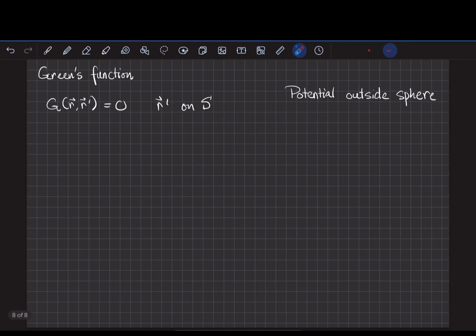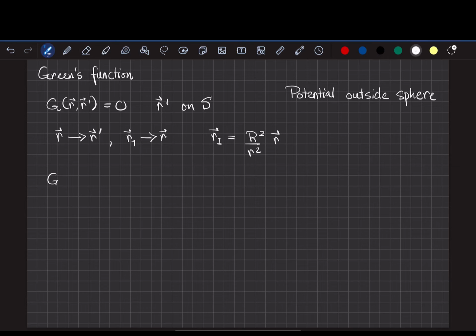So what we are going to do is we'll use the same equation, but we'll transform r to r prime because here r prime is on the surface, and we'll transform r1 to r. Alright, so now our image charge is basically located at r squared by r squared r.